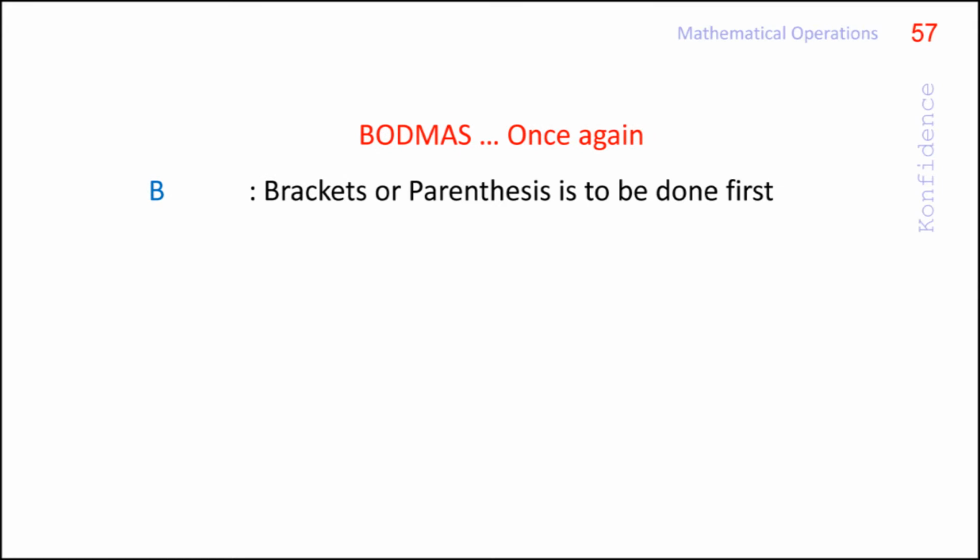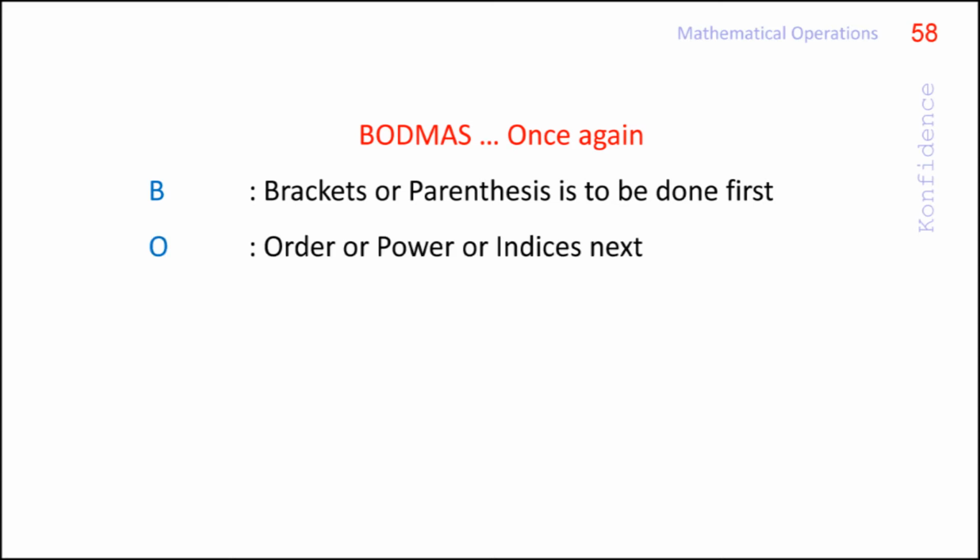It says that if there is a bracket or a set of brackets in an expression, what lies within the brackets should get the precedence over the others. If there is a bracket within a bracket, do the innermost bracket first. While simplifying the expression within the bracket, there also follow the BODMAS rule.